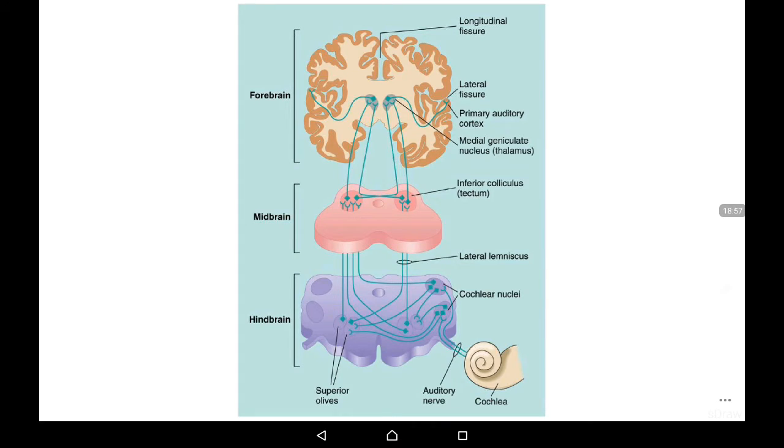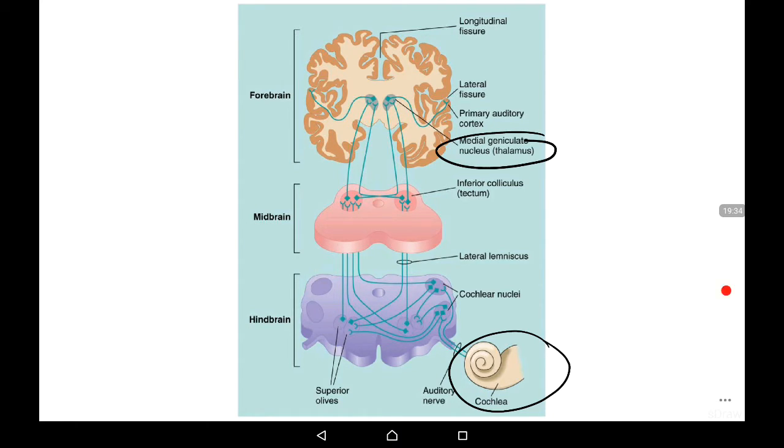Conducting pathways and the central part of the acoustic analyzer. So we may see here the cochlea and the auditory nerve that is produced from the cochlea. Then we may look at the propagation of the impulses in the hindbrain, cochlear nuclei, then inferior colliculus in the midbrain, and then the medial geniculate nucleus in the thalamus.